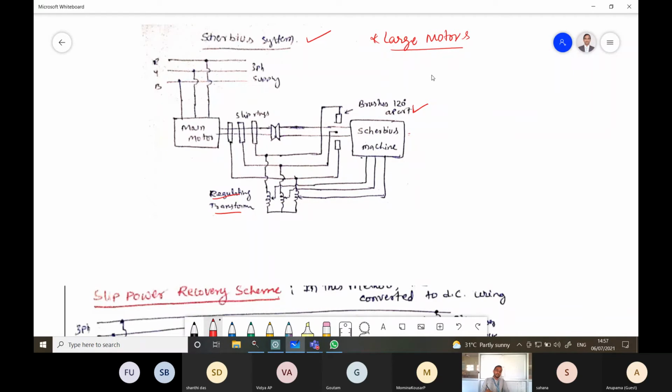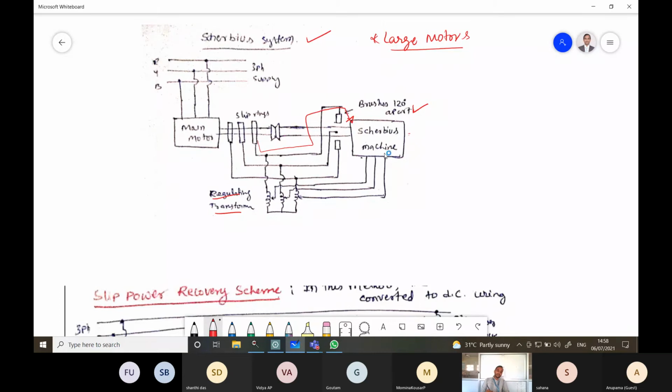But in this case it is not like that. Rather, it is fed directly. Whatever the slip energy, the slip frequency, is fed directly to the Scherbius machine through the slip ring.